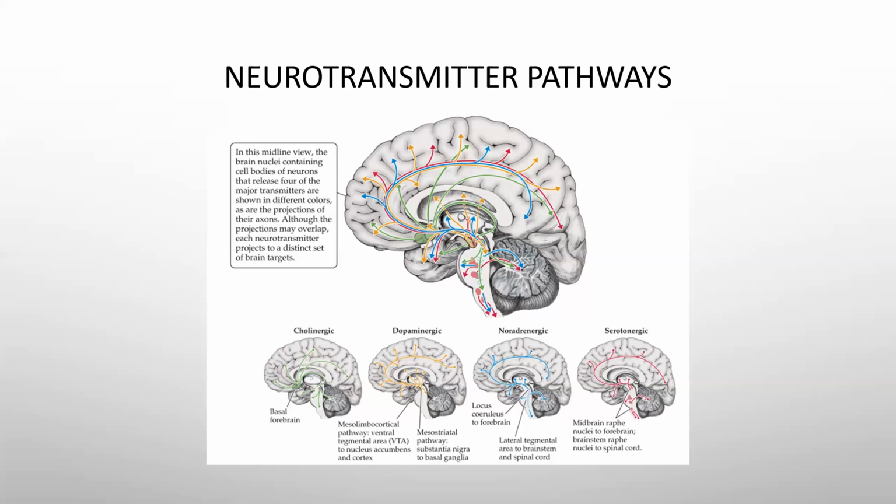Noradrenergic, okay? Norepinephrine. Here we're looking at areas like the lateral tegmental area, okay? And moving on to the brainstem and spinal cord, or the locus ceruleus to the forebrain. And then lastly, you have serotonergic. So this is going to be a pathway for serotonin from the midbrain structure raphe nuclei to the forebrain.